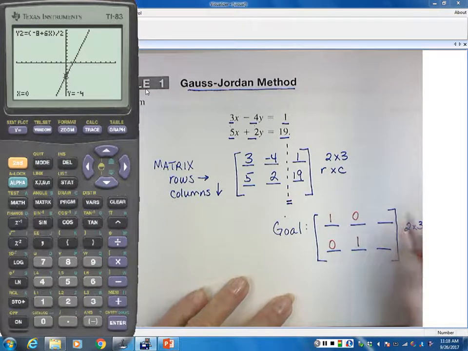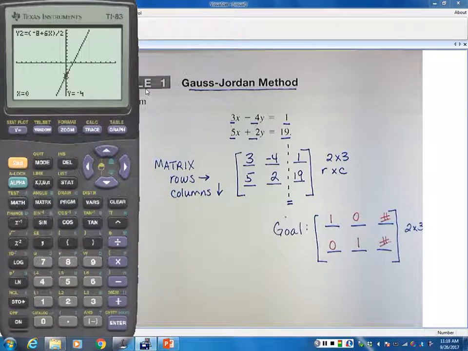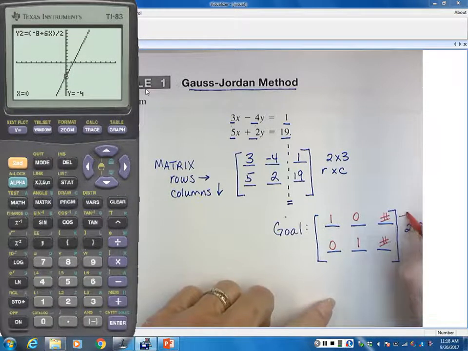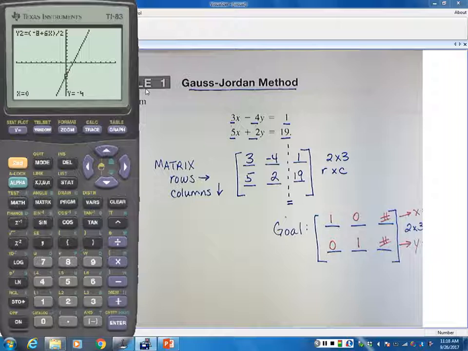And then when I do, that last column of the matrix is going to tell me what X is and what Y is. Without me having to graph, without me having to go through all the multiplying and dividing and adding and subtracting.